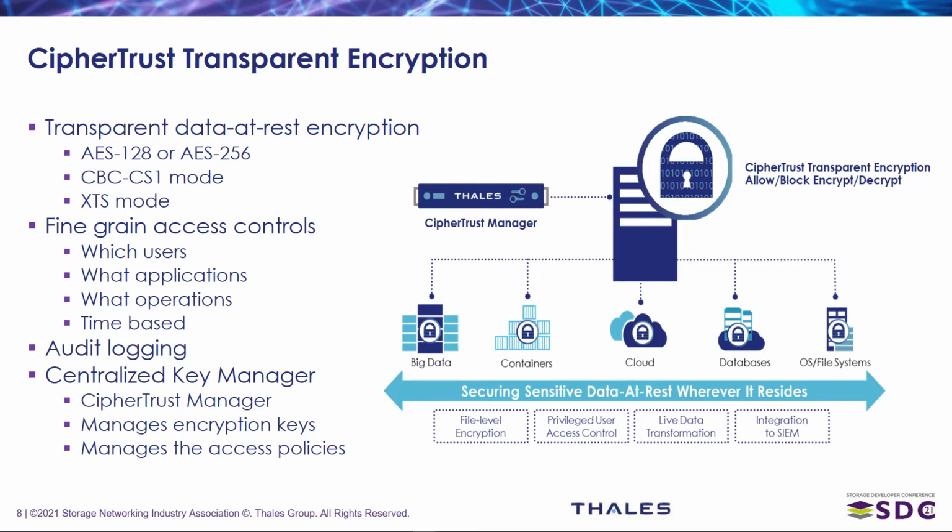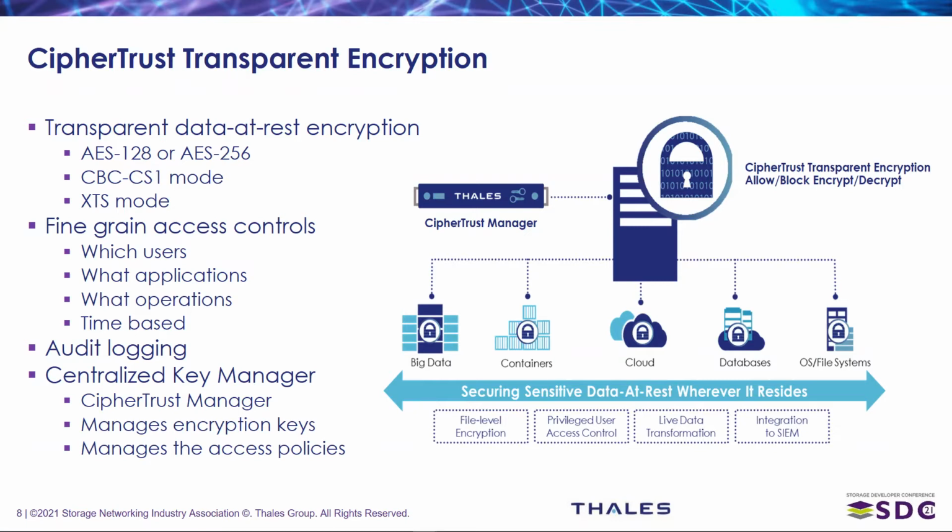Third, it has audit logging. CipherTrust Transparent Encryption has audit logging to provide a trail of events to give insight into activities and events that are occurring, and that helps you potentially stop threats quicker.